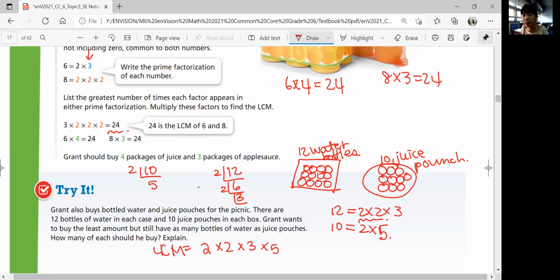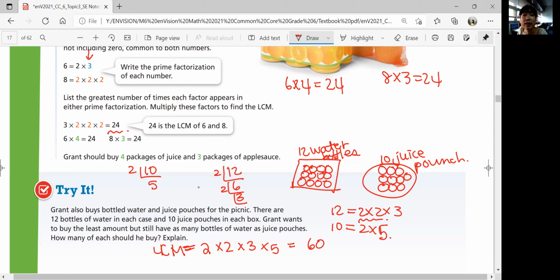But if you have the same prime number, you're going to choose the one multiplied the most times in each prime factorization. You're not multiplying the total number of the prime numbers. You're choosing just one from each factorization. So 2 times 2 times 3 times 5 would be your LCM, which is 60. 2 times 2 is 4, 4 times 3 is 12, 12 times 5 is 60.